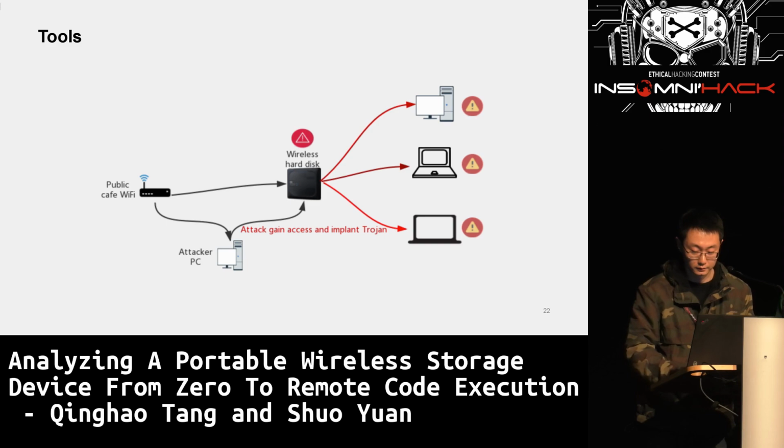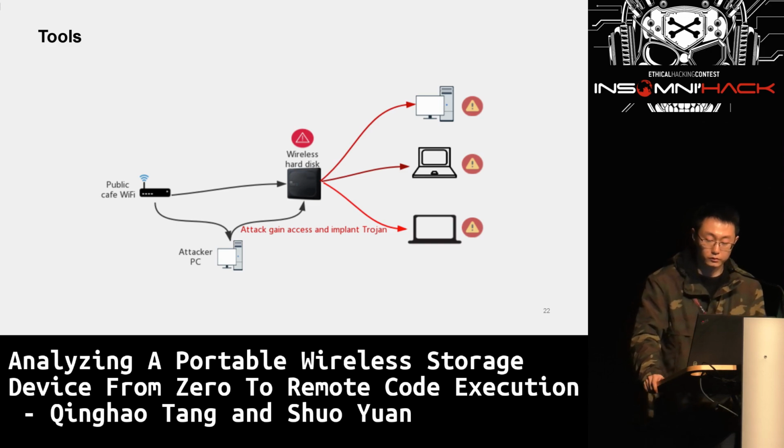And the attacker can also use this device as an access point to collect other information about the device, such as the MAC address, or modify the host information to fake the website.